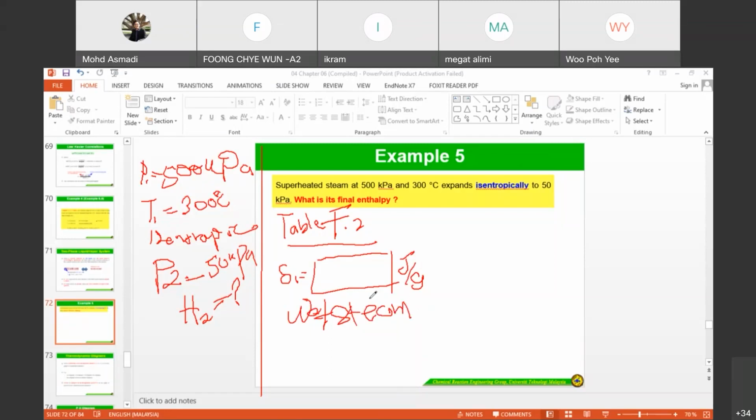So in table F2 you have to do interpolation. You already determined S1, so what you have to do is interpolation.